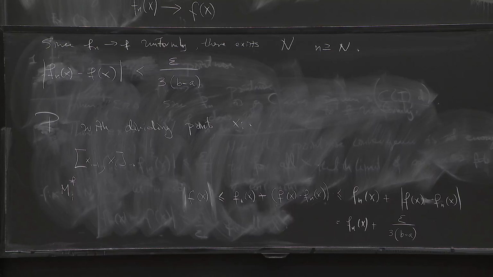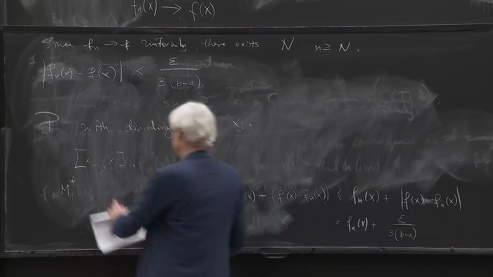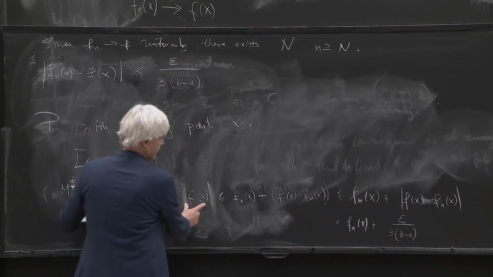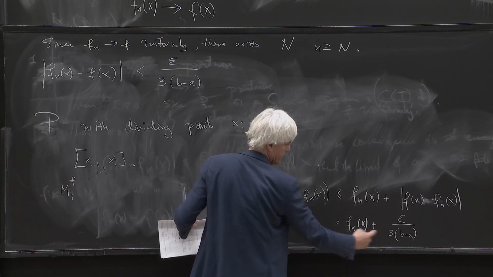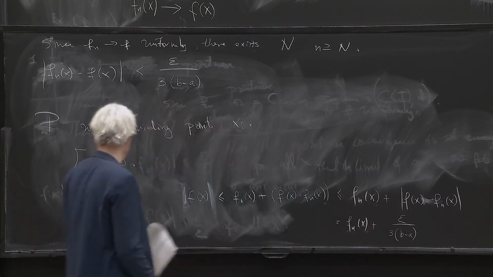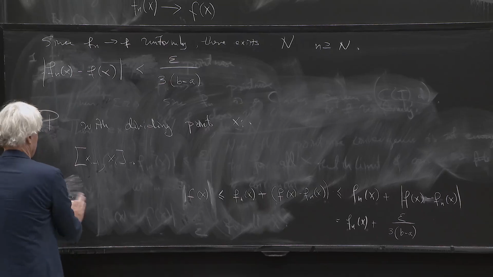So this means that if I take the sup on this little interval of f, then it's bounded by the sup of this function plus that number. Fine. So I have that.